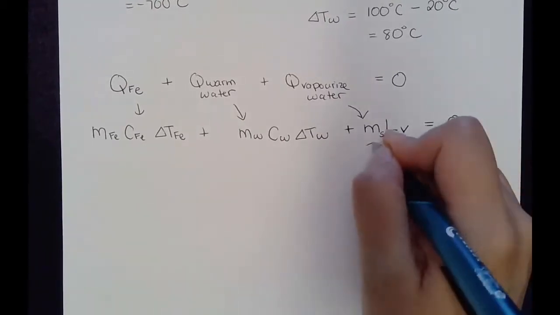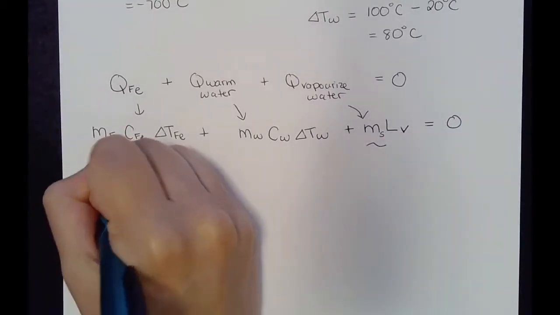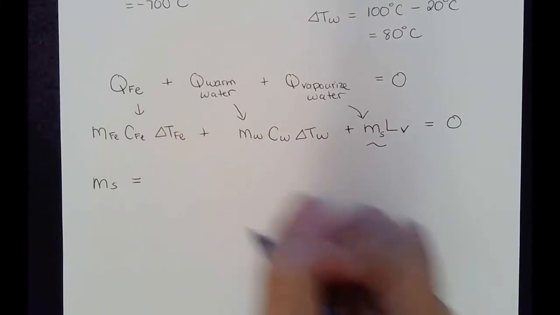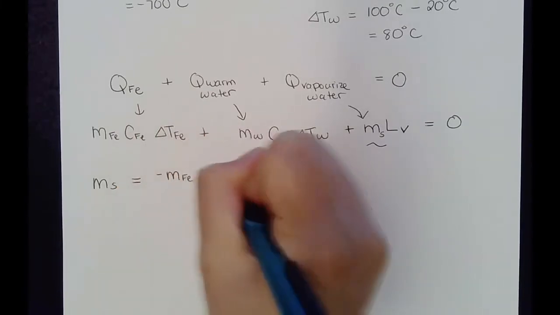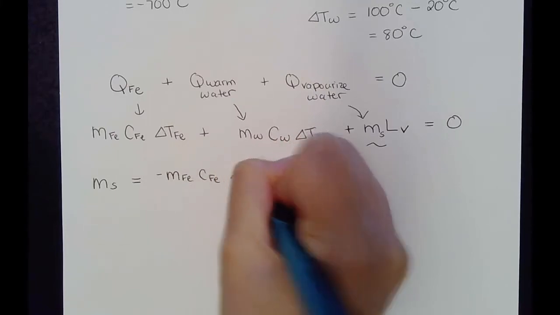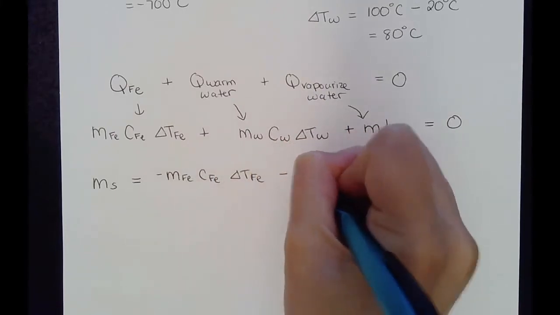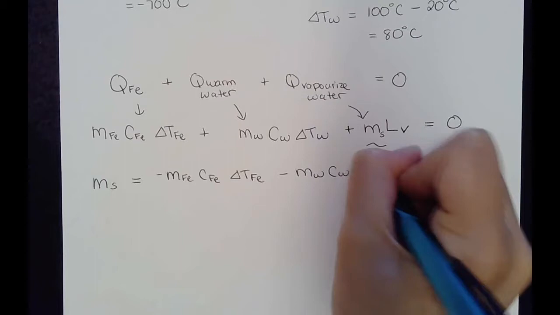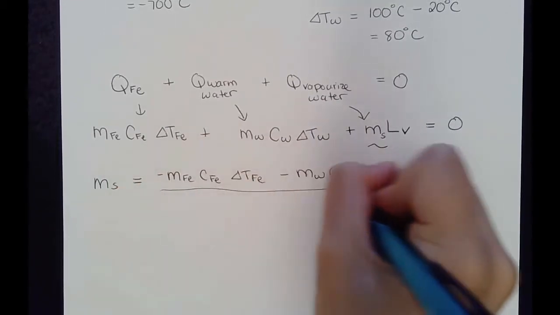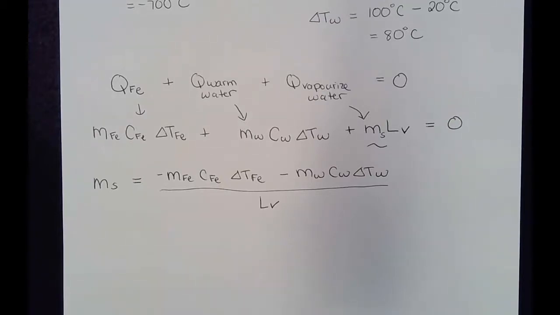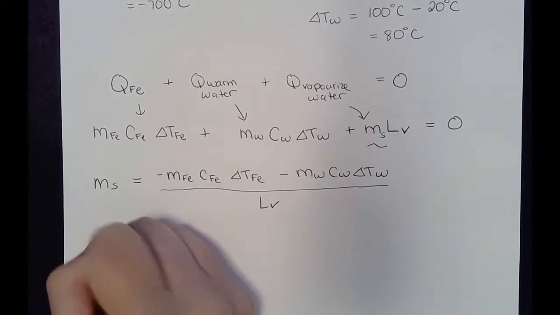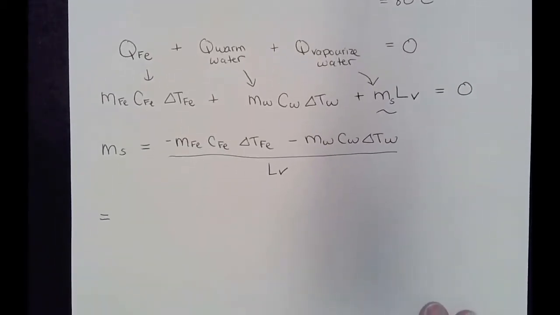Okay, so with that, we can just solve for our unknown. Let's start by solving for MS. So we'll have the mass of steam equals negative the mass of iron, C delta T, minus M water, C water, delta T water, over the latent heat of vaporization. So we can just plug in the numbers at this point.